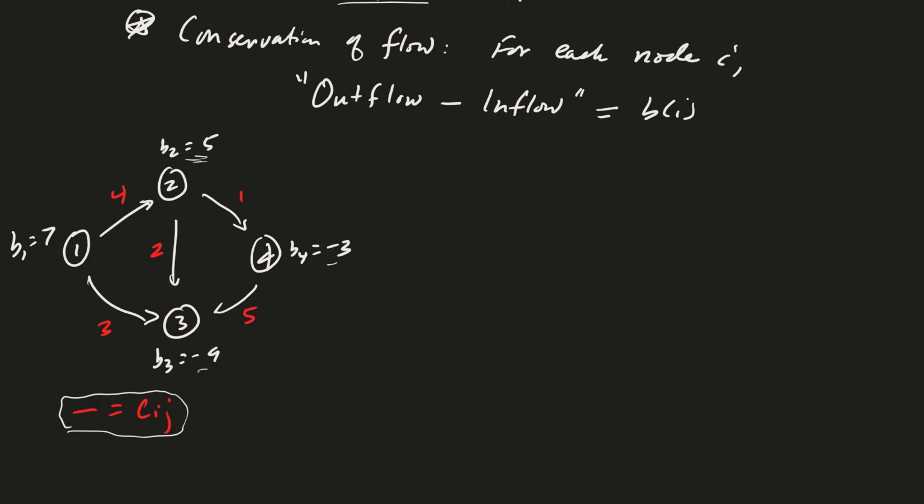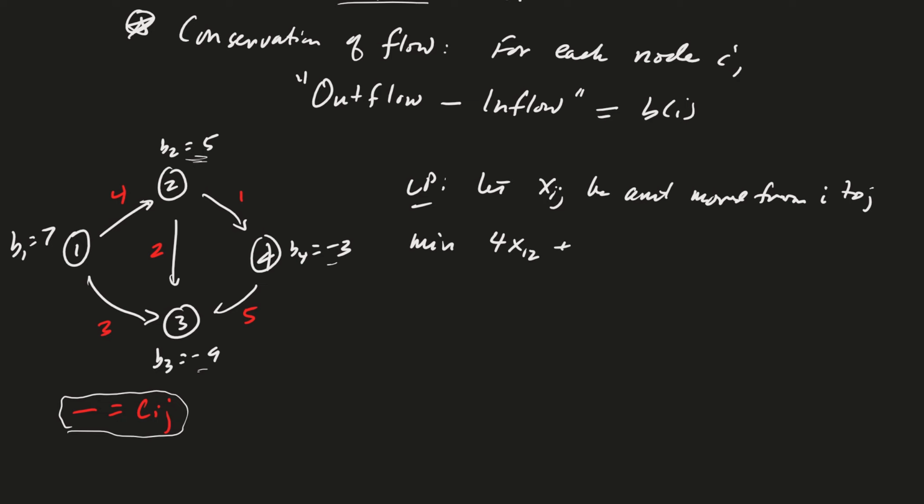Okay, so let's set up our LP. Let xij be the amount moved from i to j. Then we're going to try to minimize our cost, which will be 4x12 plus, going in order with the ones first, 3x13.